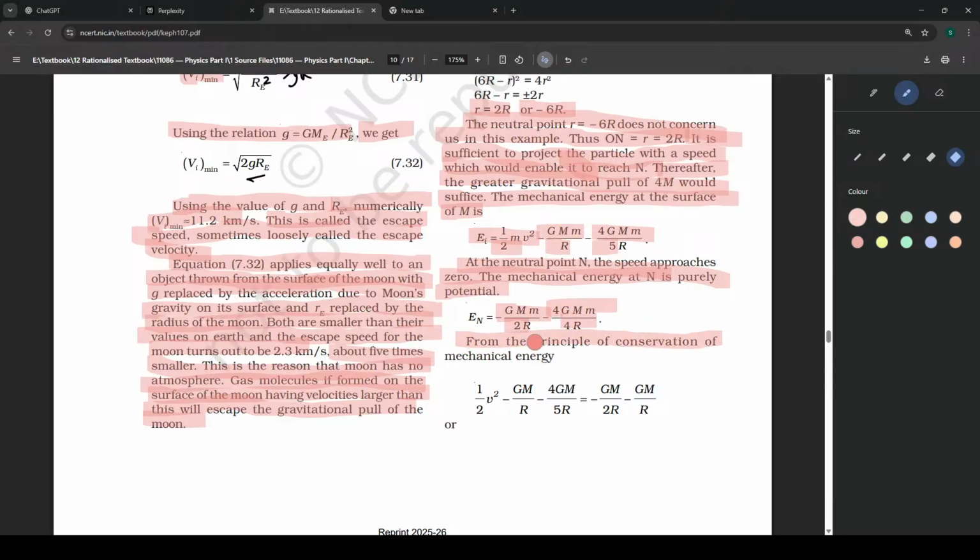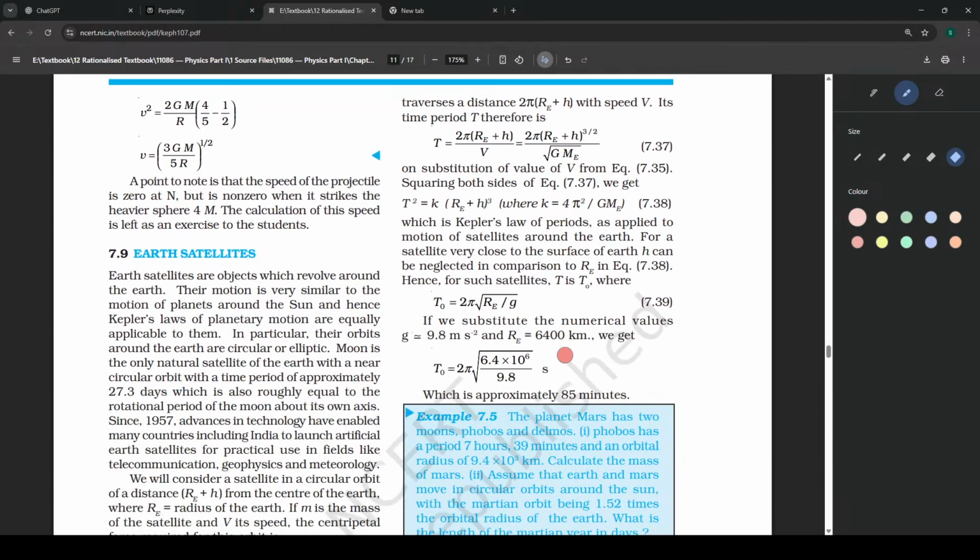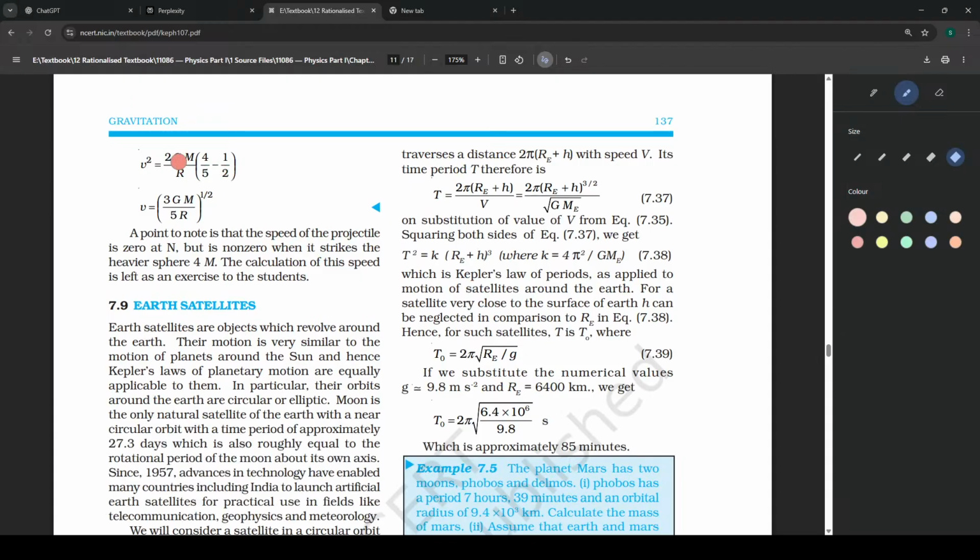From the principle of conservation of mechanical energy, both should be equal at E initial and at E neutral point. m will get cancelled, and from solving this equation, we will get that v square is approximately 2GM by r, and v should be approximately the whole root of 3GM by 5r.